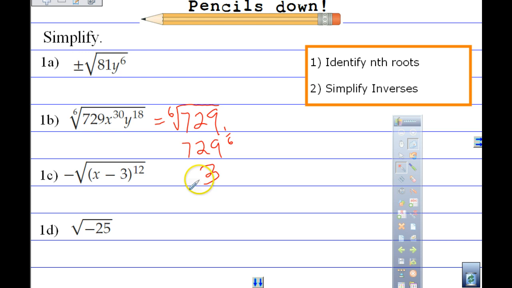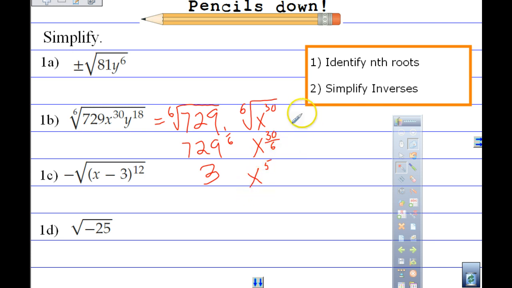That means 3 times 3 times 3, 6 times is 729. Good. And then do the same thing, 6th root of x to the 30. That's the same as x to the 30 over 6, which equals x to the 5th.